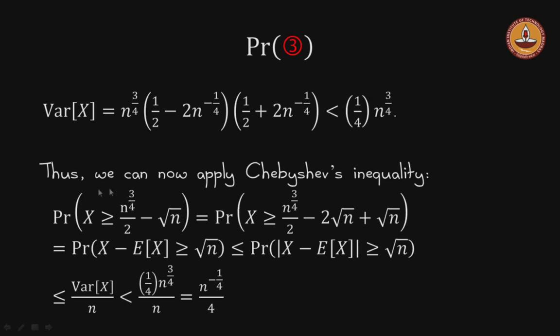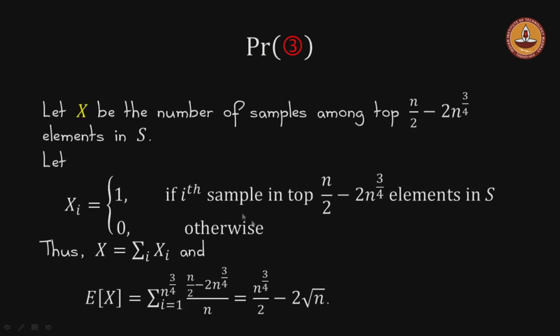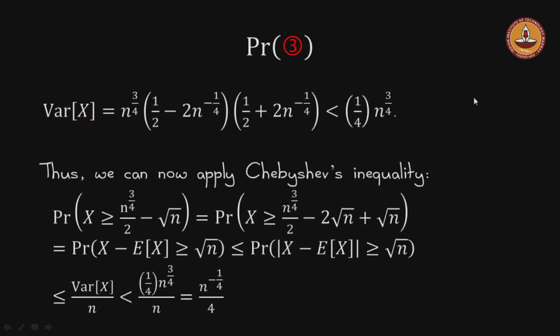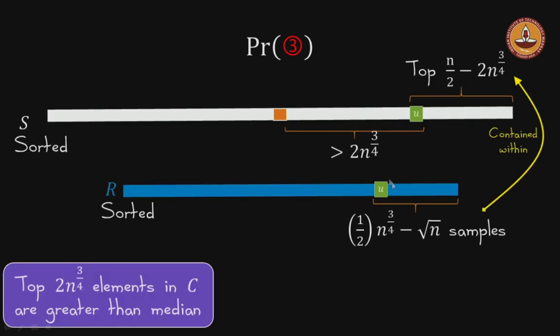So, simply now we apply Chebyshev's inequality. So, what is the bad event? That this set of elements that we sampled from the top n/2 minus 2n^(3/4) is greater than this quantity n^(3/4), and that is greater than this quantity n^(3/4)/2 minus square root of n.